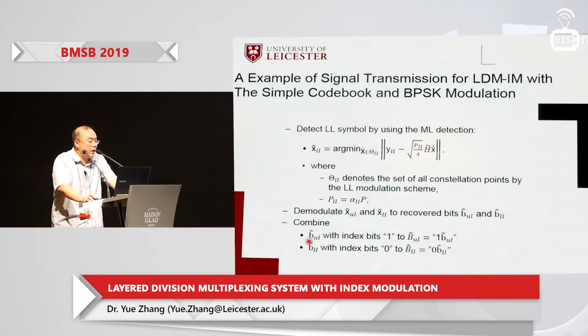The bits B_UL and B_LL are the LDM recovered bits. These bits, combined with your index bits that you recovered from the detection of the active channels, 1 and 0, give you your overall bits. So the overall original bits will be your 1, 0 combined with the recovered LDM bits.